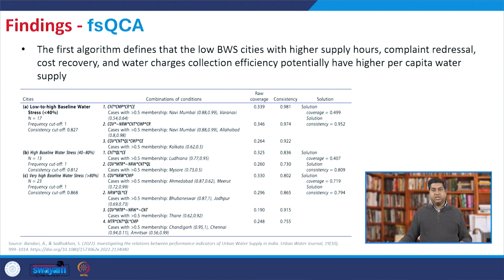Now, coming to the second part of this analysis where we have used FSQCA, the first algorithm defines that the low baseline water stress cities with higher hours of supply, complaint redressal, cost recovery and water charges collection efficiency potentially have higher per capita water.